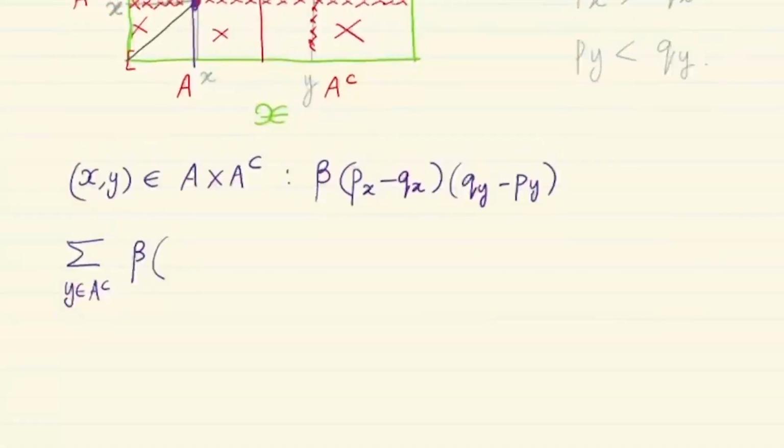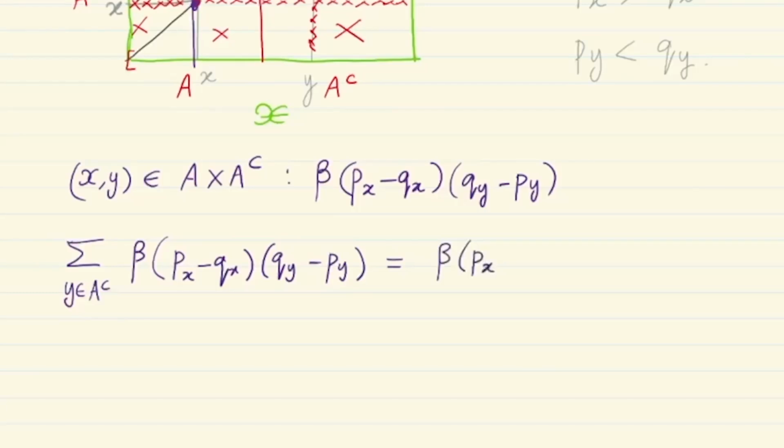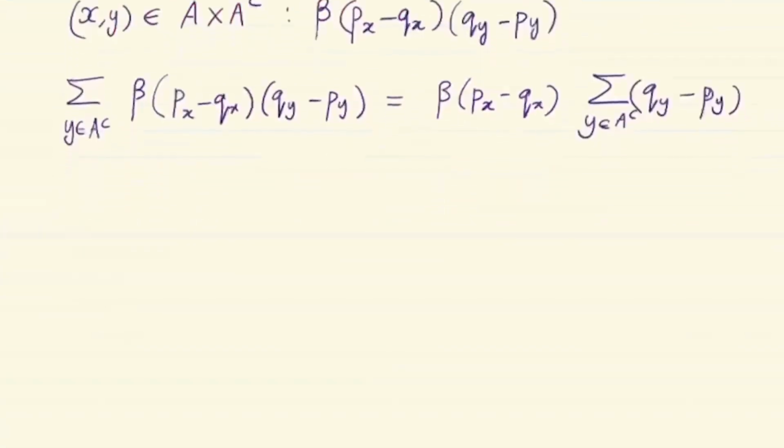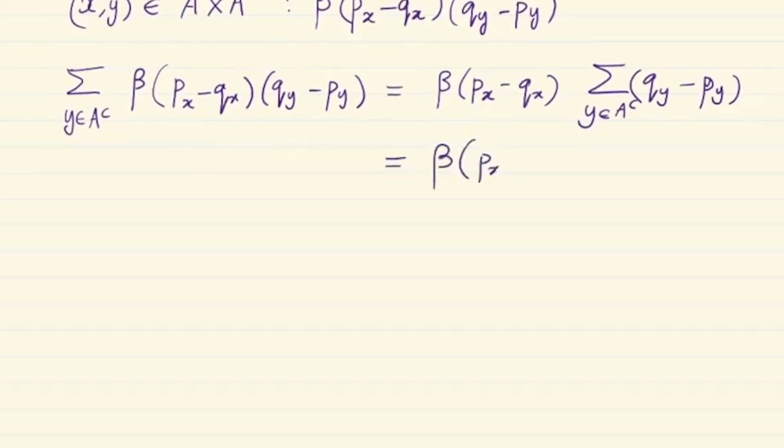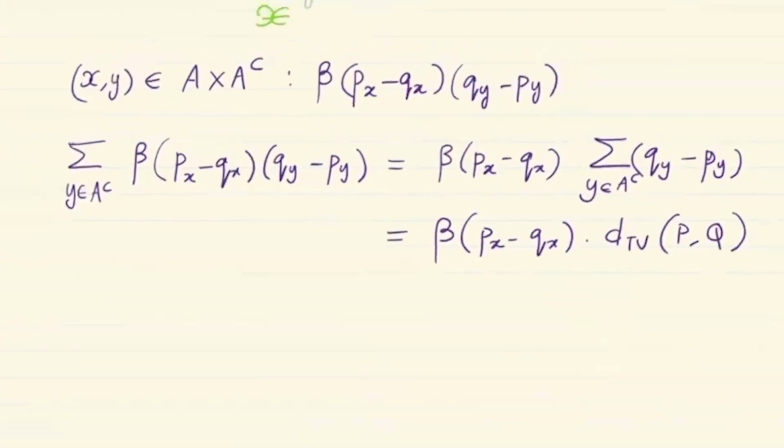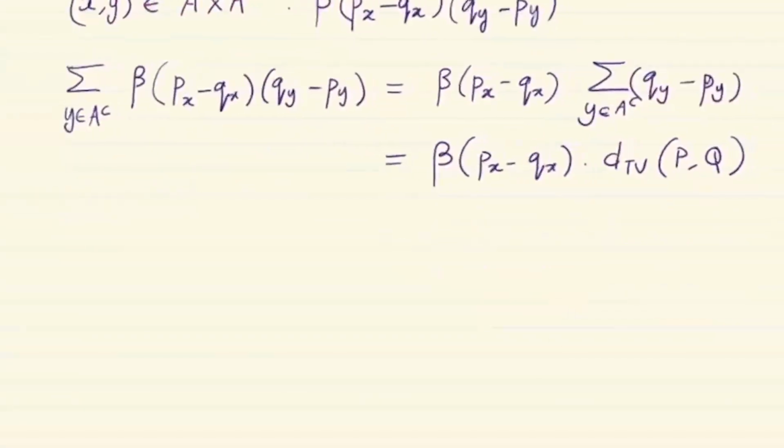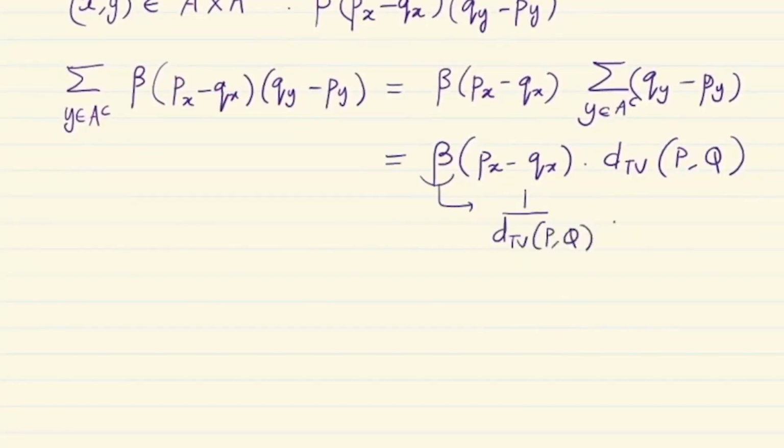That's just summing over y in A complement, beta into px minus qx and qy minus py. What this gives you is beta into px minus qx comes out, and you have the sum over y in A complement of qy minus py, and by definition this is exactly beta into px minus qx into the total variation distance between p and q. Okay, so in order that this should equal px minus qx, you can just take beta as 1 over the total variation distance between p and q, and that essentially fixes everything beautifully.